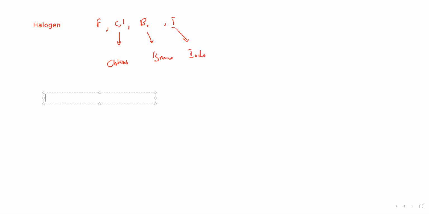So select the longest carbon chain. Number the carbon atoms from the nearest branch.